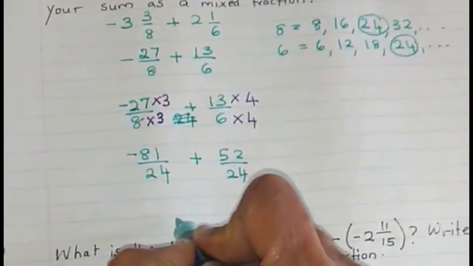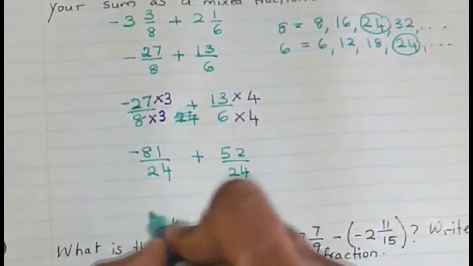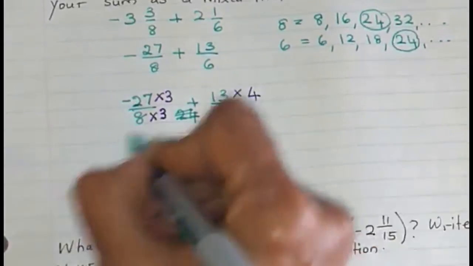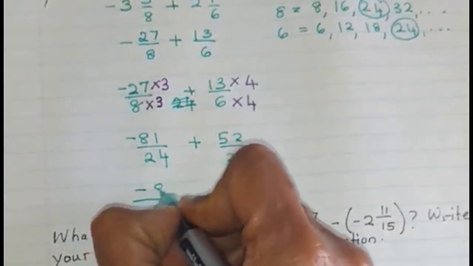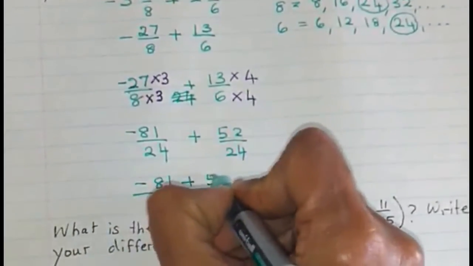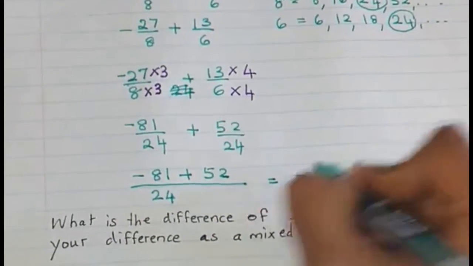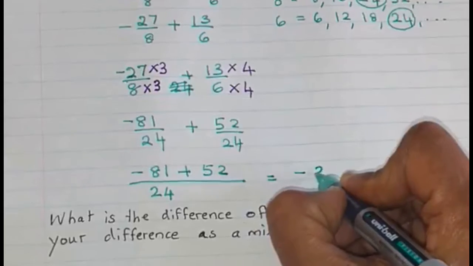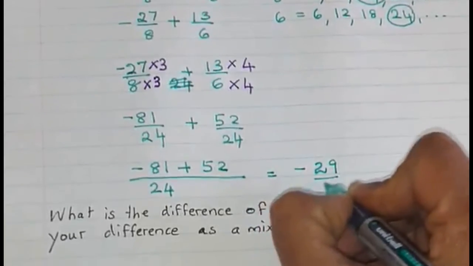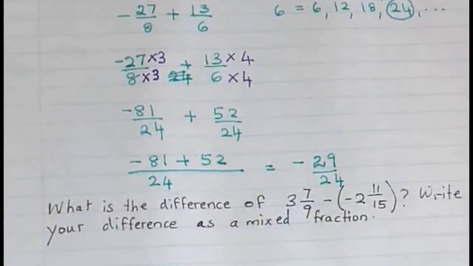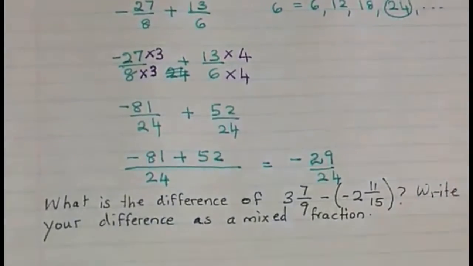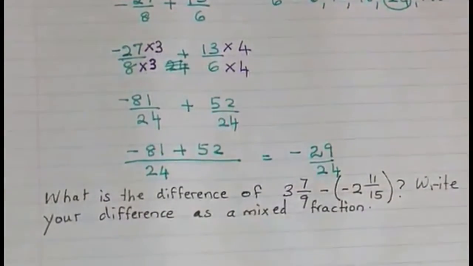So now I can put 24 here as the common denominator and add these two. So I have negative 81 plus 52. So that's going to give me negative 29 over 24. But that's not the final answer because we're asked to write the sum as a mixed fraction.